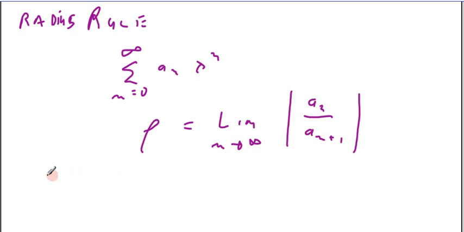And we find 3 possibilities. If rho is 0, then the series diverges.